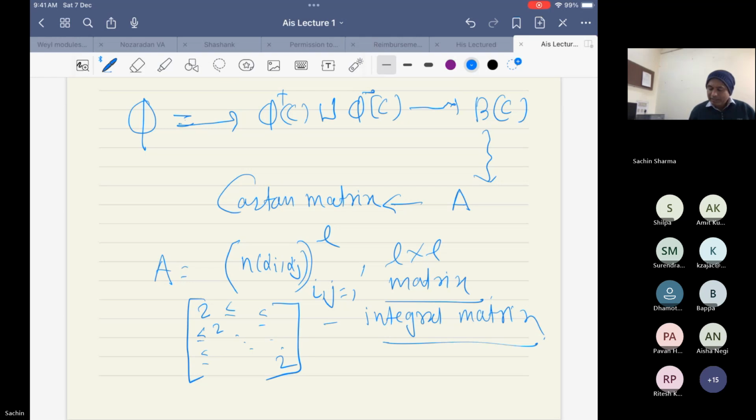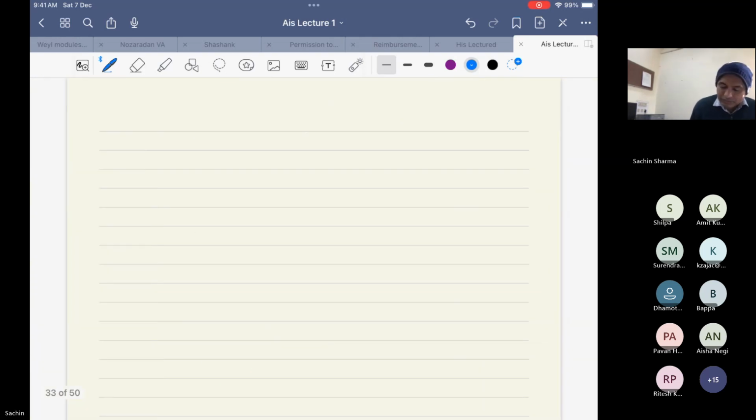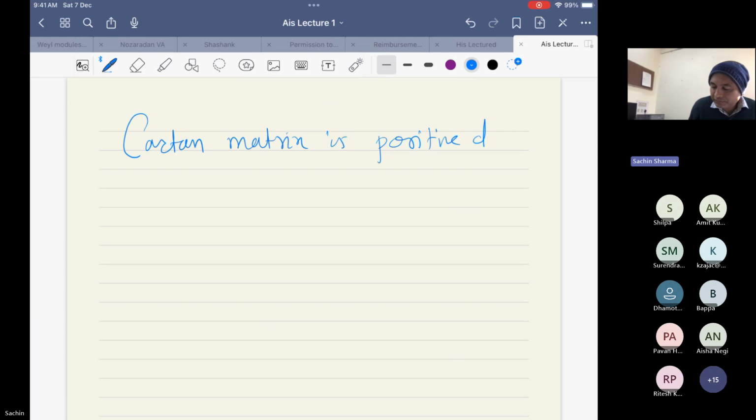Actually, this matrix is positive definite.